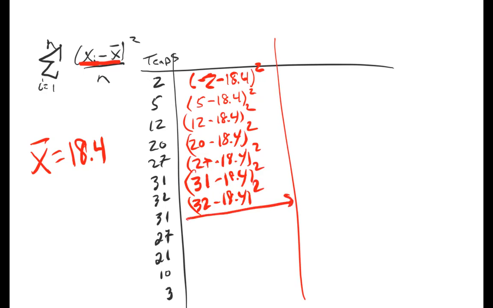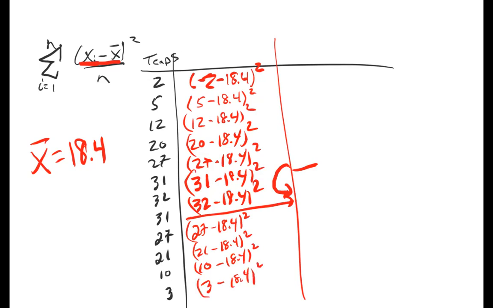I'm just going to put a little arrow here that this number will be the same, because I didn't leave myself enough room. Then 21 minus 18.4 squared, 10 minus 18.4 squared, and 3 minus 18.4 squared. Basically, what we're doing in red there is finding all of these numbers right here.